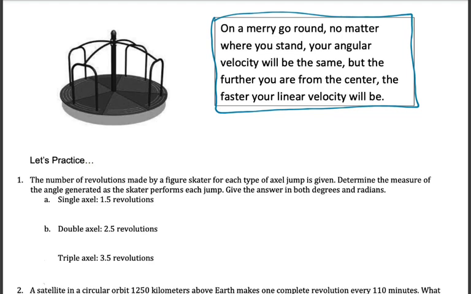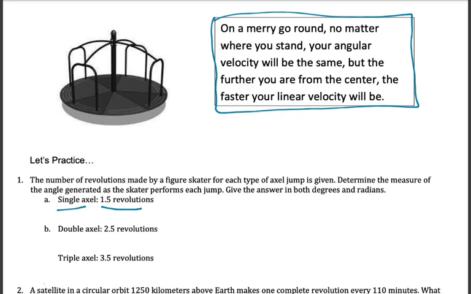This next problem has you mainly understanding what angle you're talking about whenever we talk about revolutions. The number of revolutions made by a figure skater for each type of axel jump is given. Determine the measure of the angle generated as the skater performs each jump. Give the answer in both degrees and radians. If you do a single axel, that's 1.5 revolutions. That means you turned 1.5 circles.